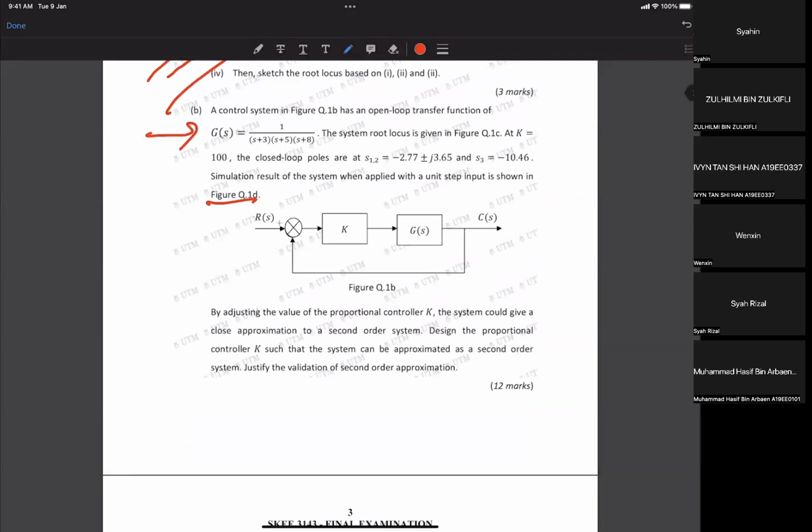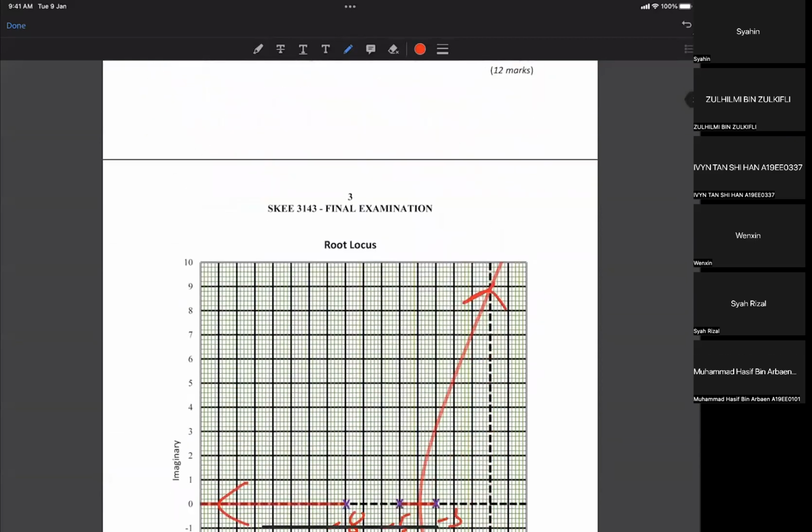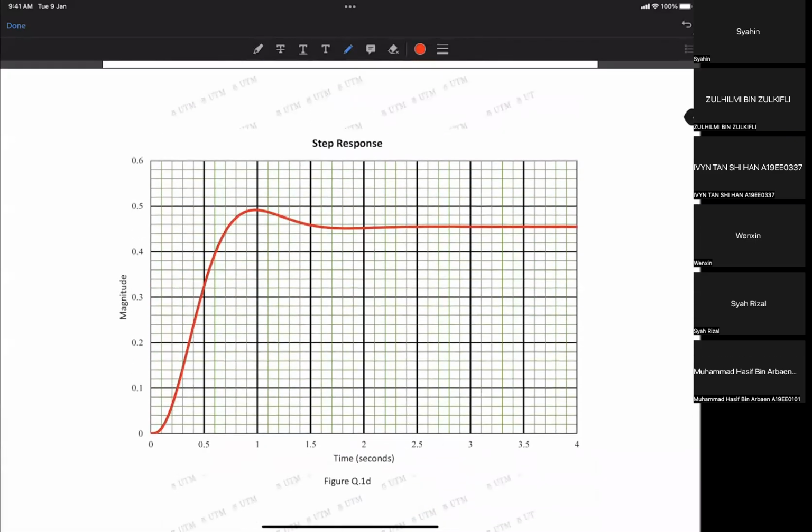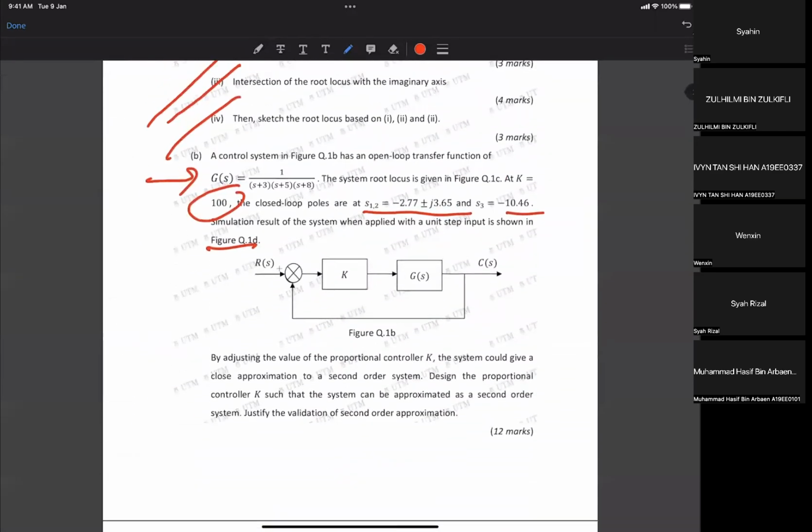K equal to 100, minus 2.77. Then simulation step response Q1D, which is this one. So it looks like second order approximation, even though the open loop transfer function is third order.